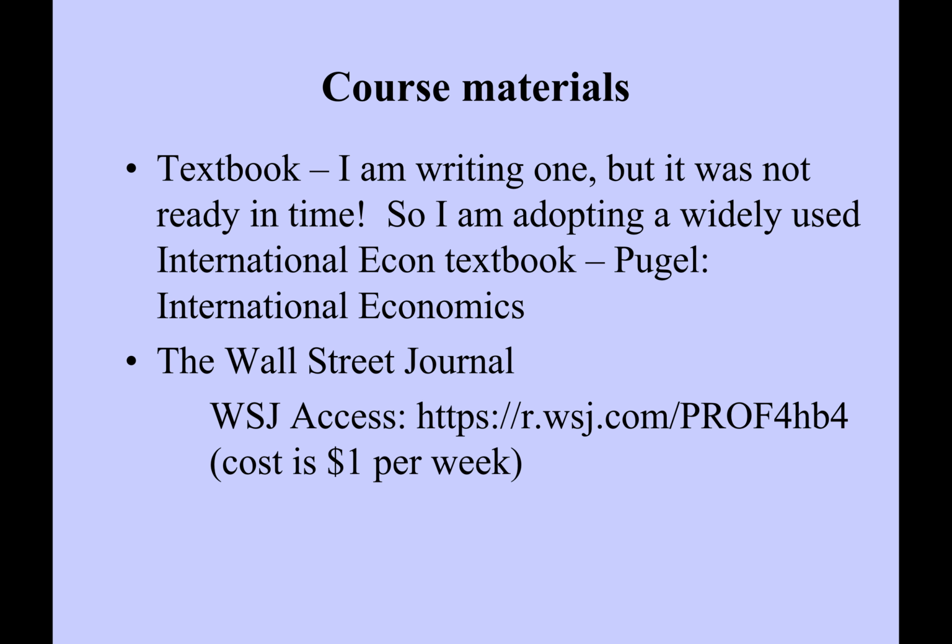Also, and this is not compulsory, it's optional, but the Wall Street Journal has a really good offer at the moment. The cost is $1 per week for access to the paper, which is published 6 days every week. And there is something called Context, which I'll be using in the course to try and give you some context relative to articles that have been published in international economics.